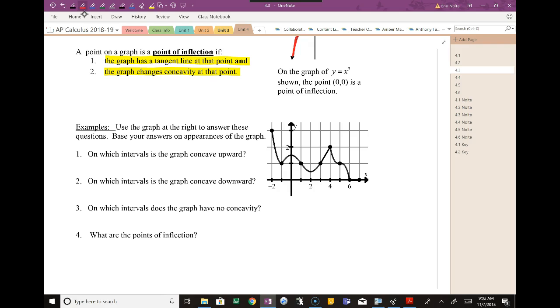Okay, so we go from -2 to -1. So I'm just going left to right. That's a happy face. Okay, and then the next interval is sad face.